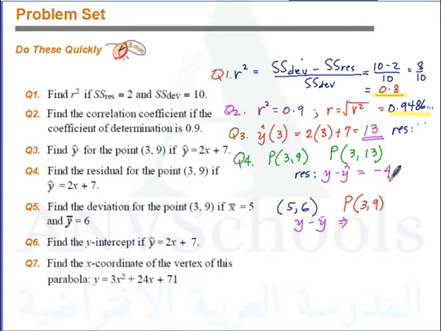So the residual is negative 4. On the other hand, for the deviation, our y is 9 and the mean of y is 6, so that would be positive 3.